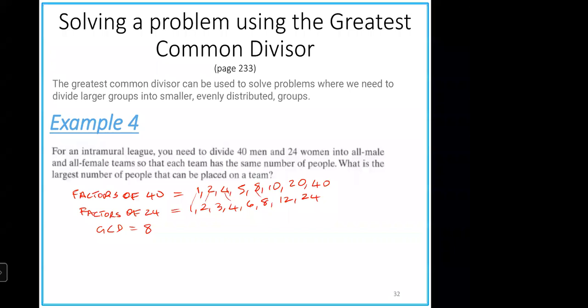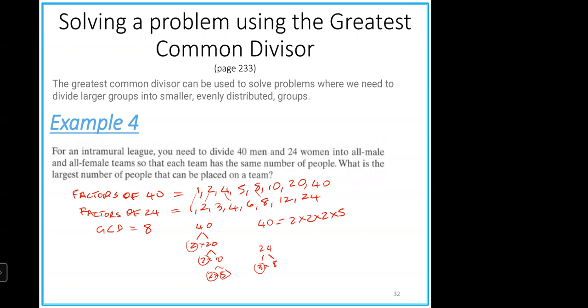So if you have 40, let's see if we could do that. 40, break it down into 2 times 20. That's prime. This would be 2 times 10. Then 2 times 5. So 40 would be equal to 2 times 2 times 2 times 5. Then 24, let's break that down. That would be 3 times 8.